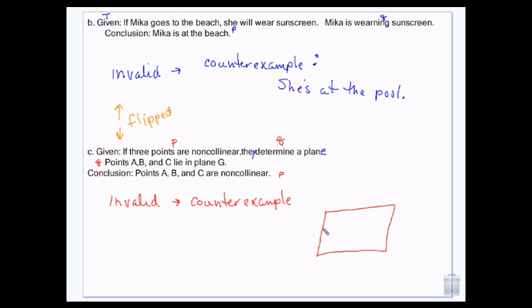If I have a plane and my plane is G, and look at that, points A, B, and C can all be on the same line. Just because they're in the plane doesn't make them non-collinear. You have to be non-collinear to determine a plane.